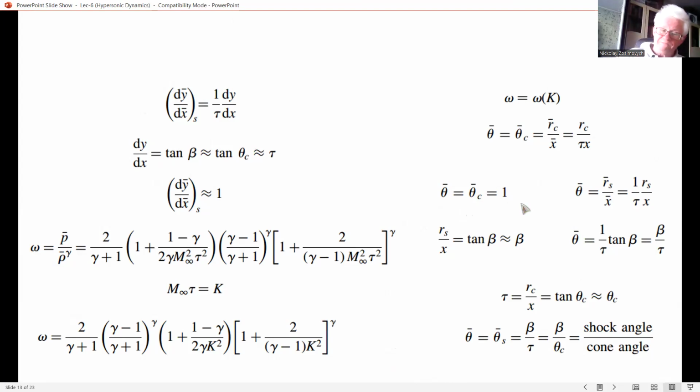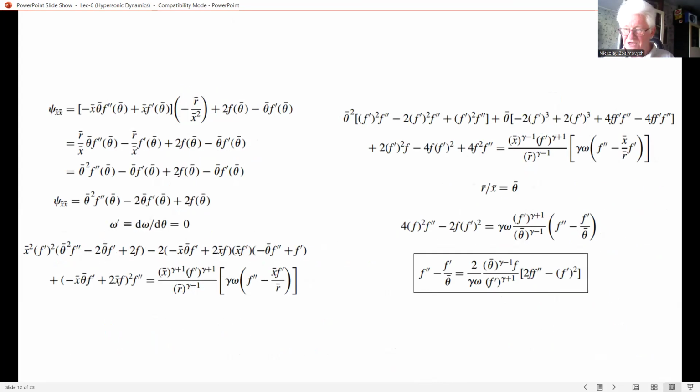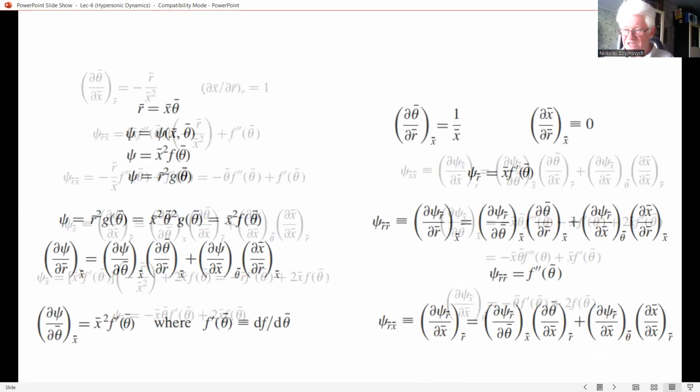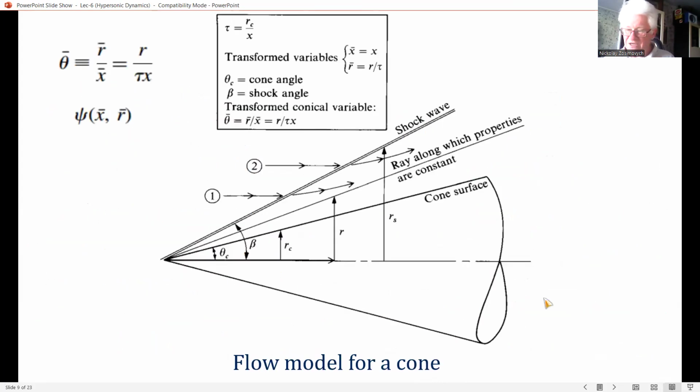At the shock wave, with the wave angle beta, we can write these equations here, 1 over tau times r sub s over x. From our figure, I just want to show this figure for two or three slides. With this corner figure, okay? We found the beta angle and find theta at this point.